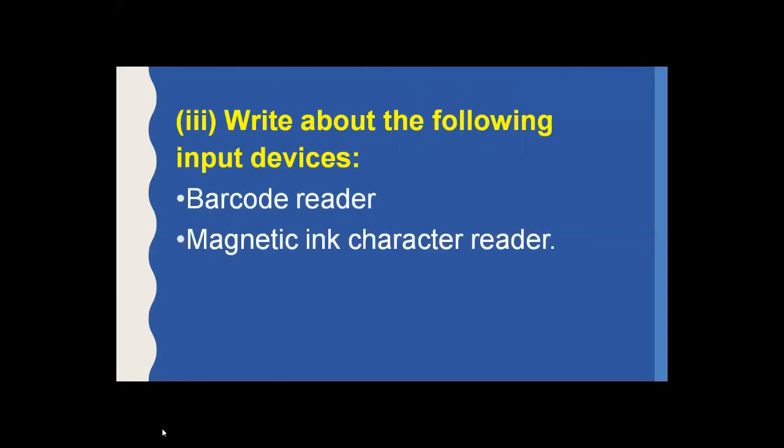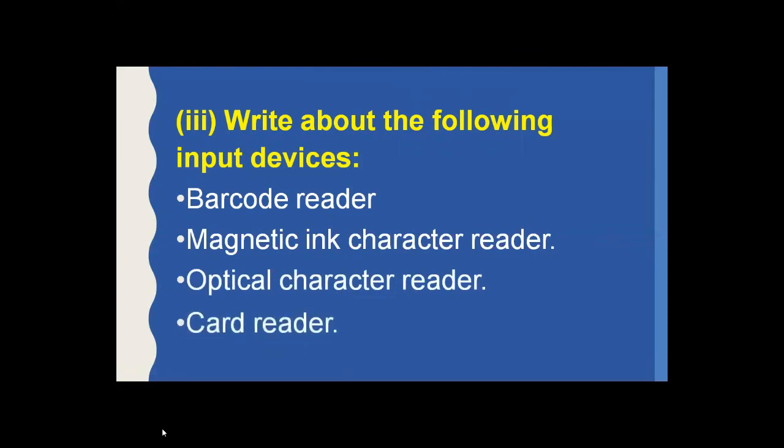Question number 3: write about the following input devices, maximum 2 or 3 lines each. The first one is barcode reader, the second is magnetic ink character reader, then optical character reader, and card reader. You have to write about all these input devices.